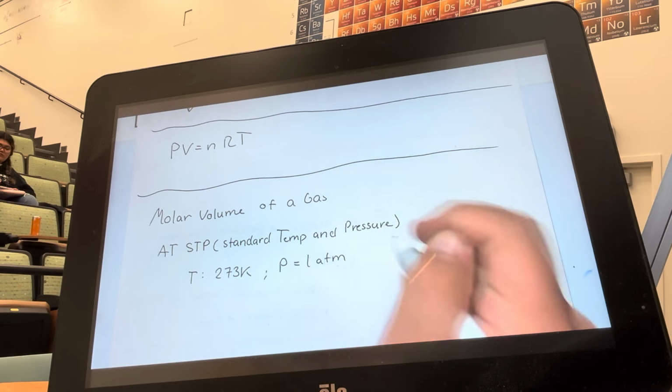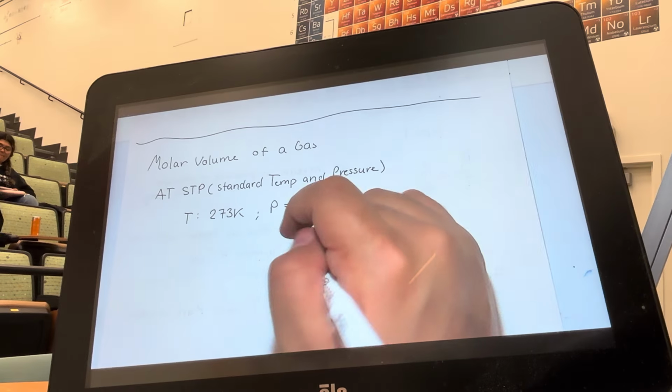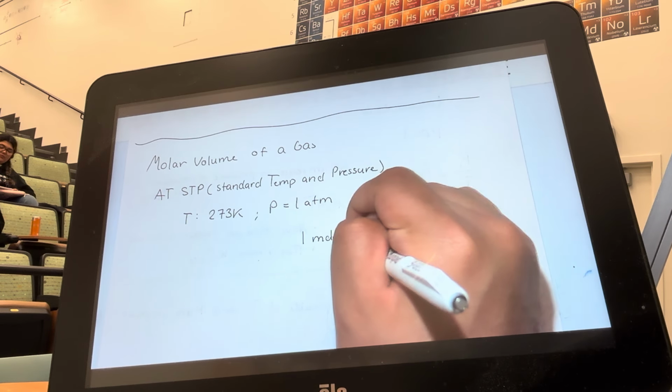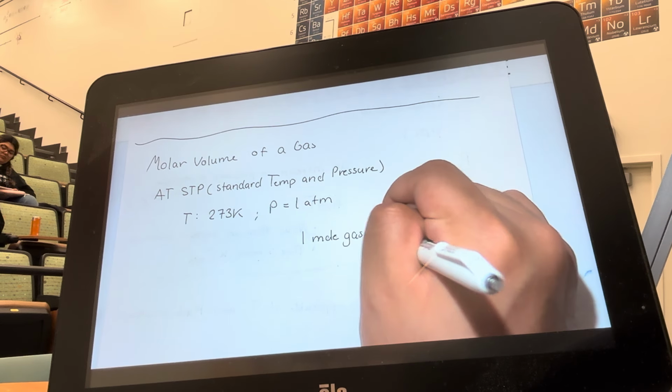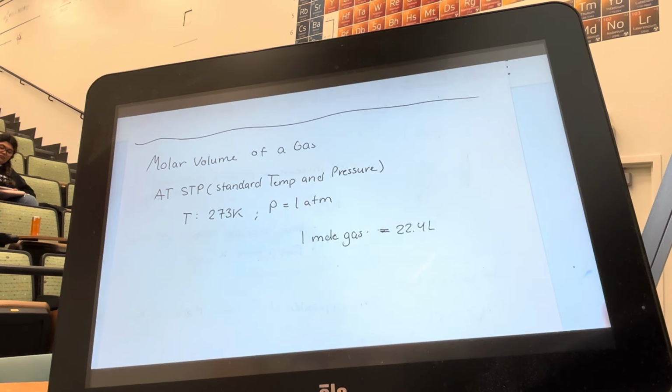If it gives you those conditions, then 1 mole of any gas is 22.4 liters.